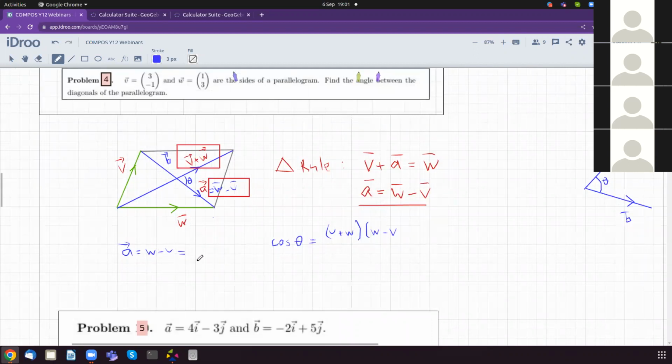So this is (minus 2, 4). W minus V. And B is V plus W. So it's 3 plus 1, 4, and minus 1 plus 3, 2. It's (4, 2).